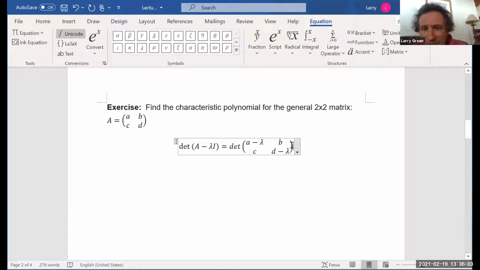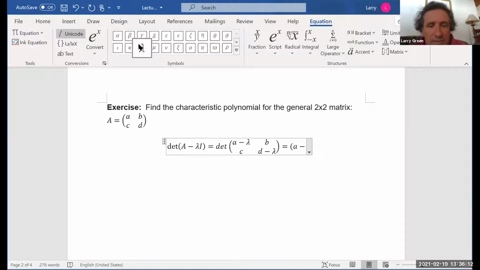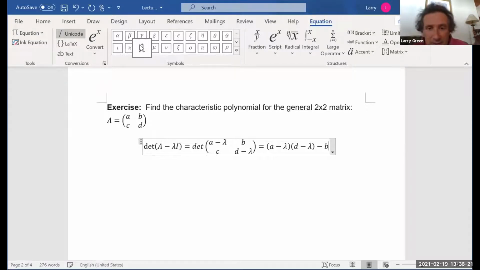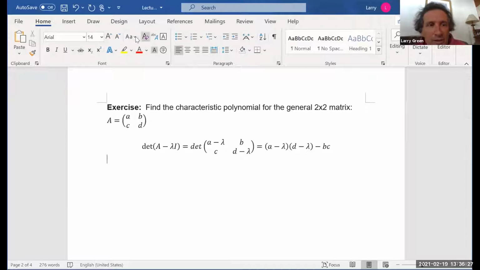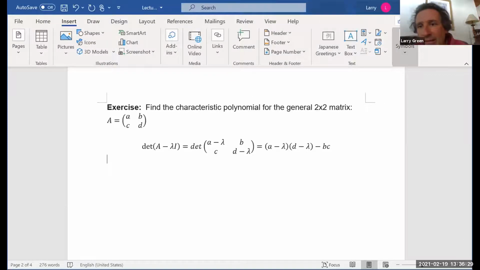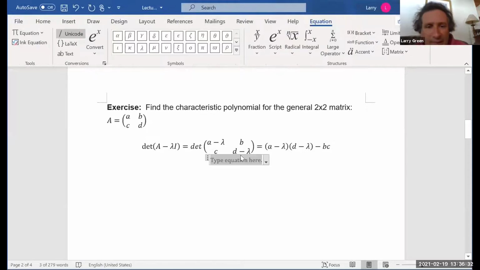Any questions so far? That's equal to A minus lambda times D minus lambda, minus BC, and that is equal to lambda squared.